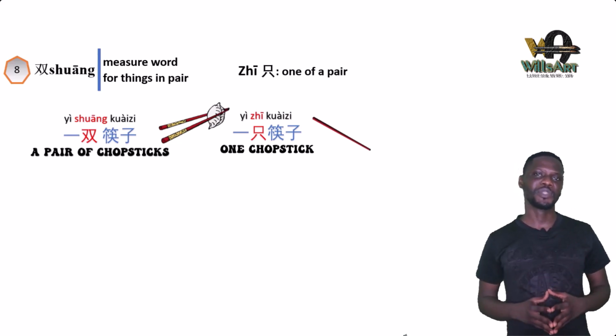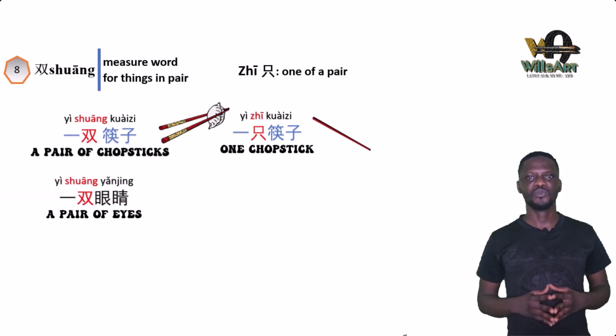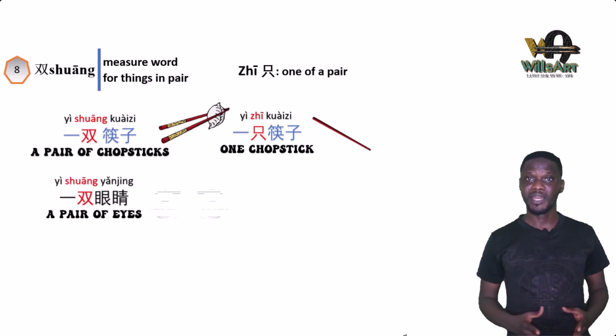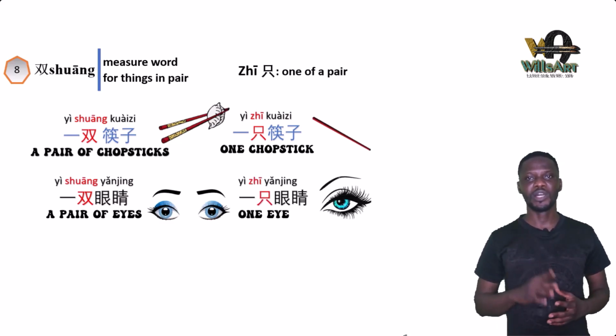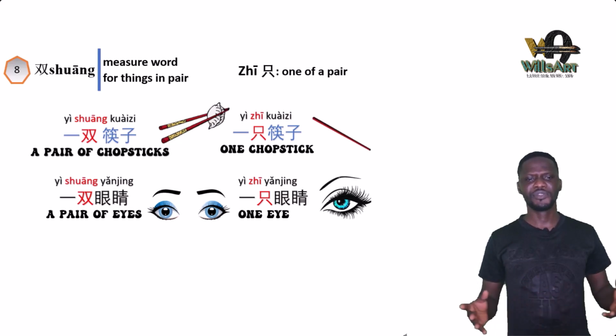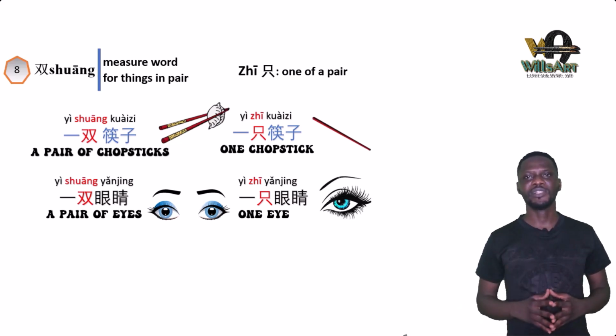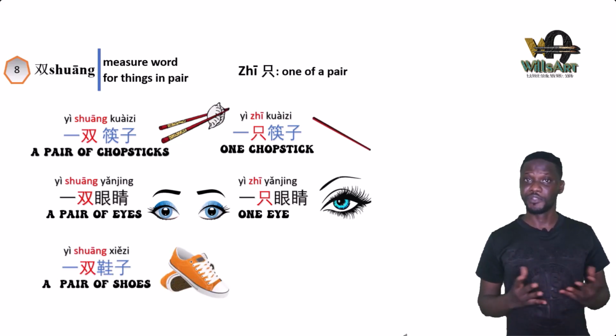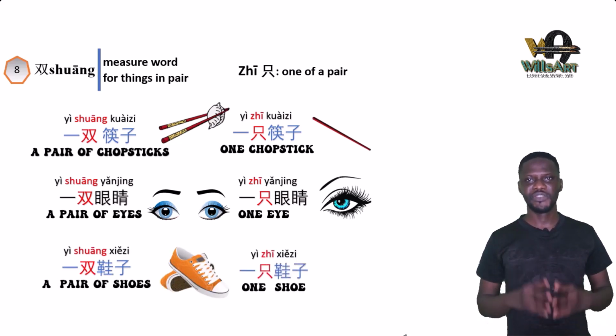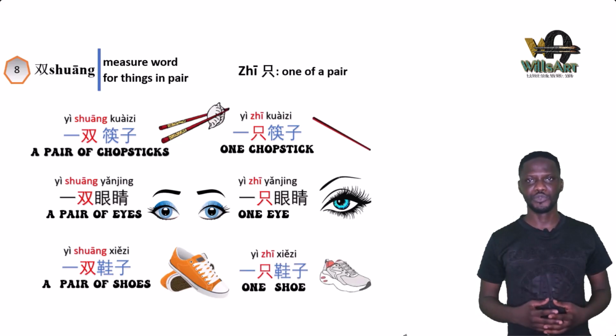We can also have something like 一双眼睛, which means a pair of eyes. And you can have 一只眼睛, which means one eye. Also, you can have something like 一双鞋子, which means a pair of shoes. And you can have 一只鞋子, which means a shoe.